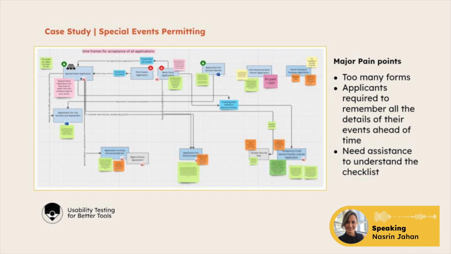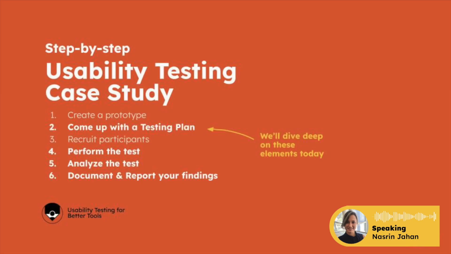I'll come to the new design in a minute, but just to give you a glimpse of what we're going to talk about in the usability testing case study today, these are the must-have steps to perform usability testing. First of all, you need a prototype. What are you going to test?